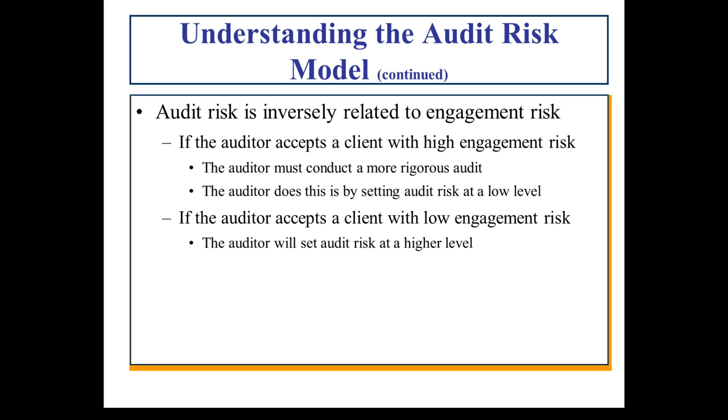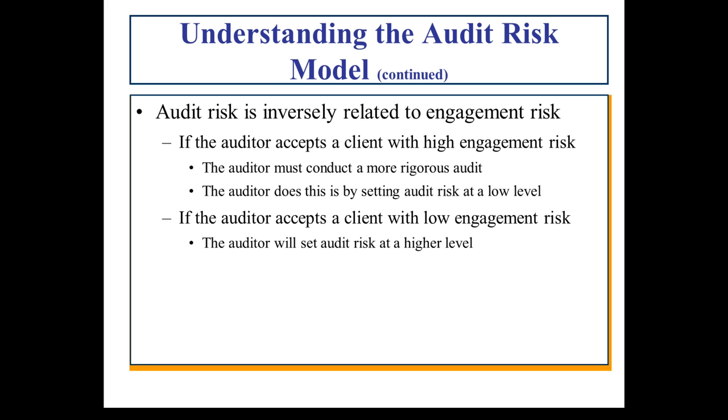So think about this. If, let's say, we're going to audit Blockbuster. Blockbuster wasn't doing well, but boy, they were trying to do one last hit with the market to try to create a wave of interest. And we're worried about them being a going concern, and our engagement risk, we don't know if this is really a good idea to take on this particular client.